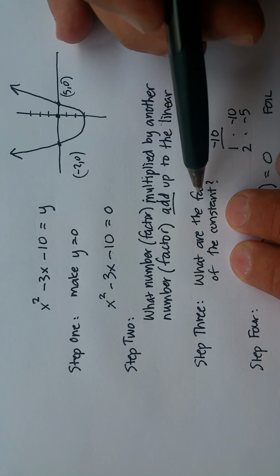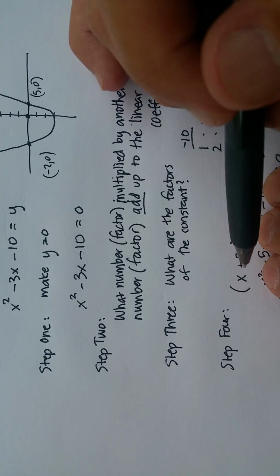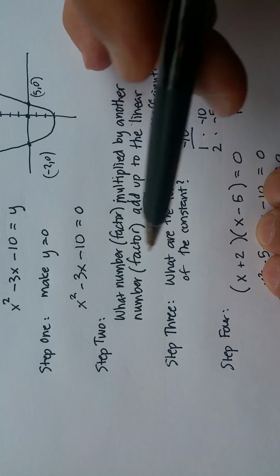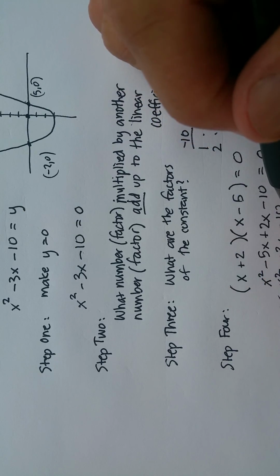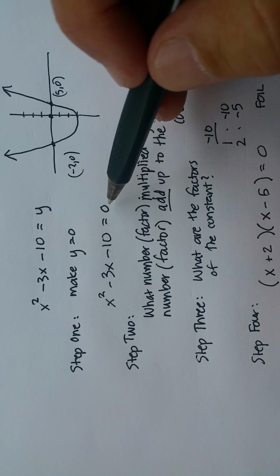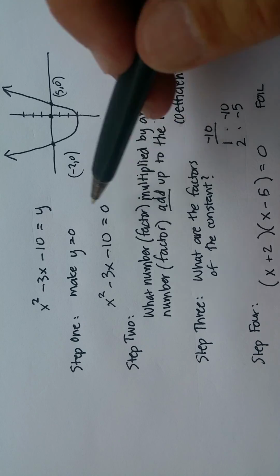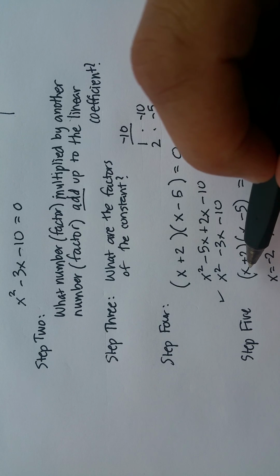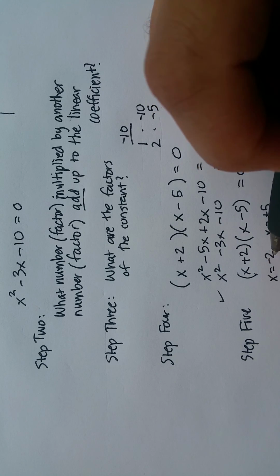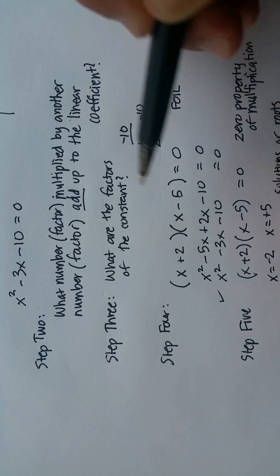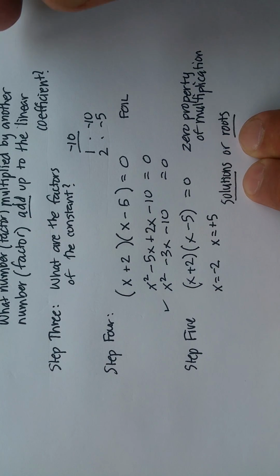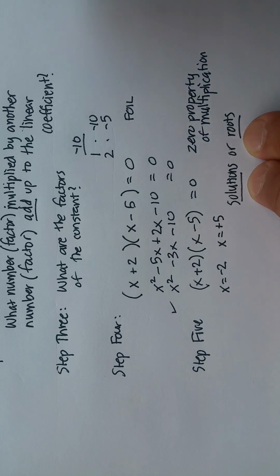Once you've got those, put them into two binomials, put them in the end, put the x's there, check your answer with a FOIL to make sure that you're doing the correct trinomial or quadratic, and then just go ahead and do the zero property. Make this 0, choose whatever that x is, make this 0, choose whatever that x is, and then those become your roots or your answer. Okay, I hope that was helpful.